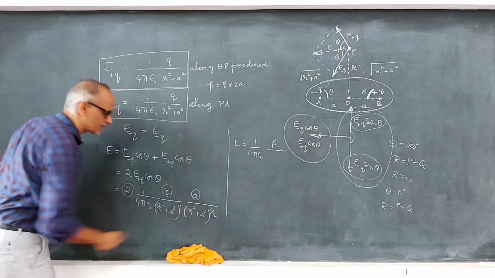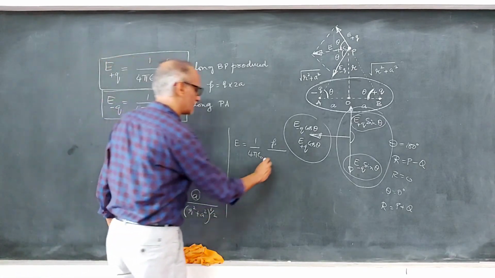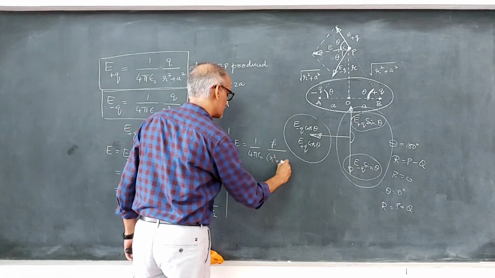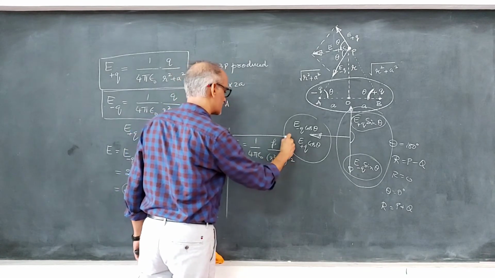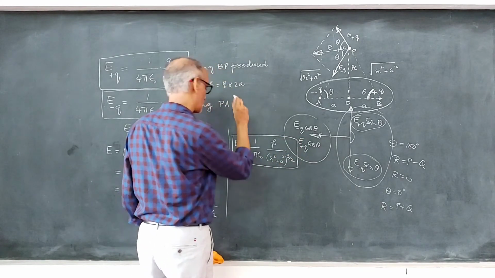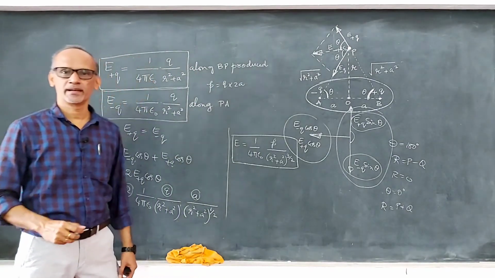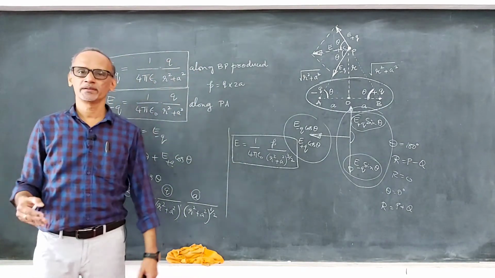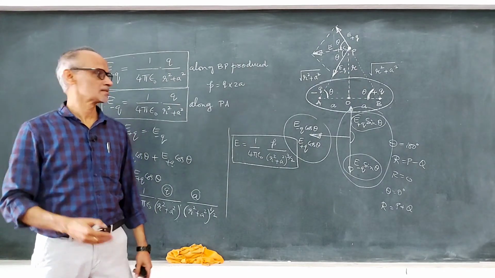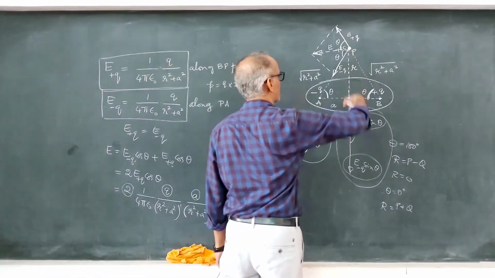Add them, 1 plus half is 3 by 2. So divide by R square plus A square to the power 3 by 2. So that is the final expression for the electric field at a point on the axis, not the axis, at a point on the perpendicular bisector. This is called the perpendicular bisector of a dipole.